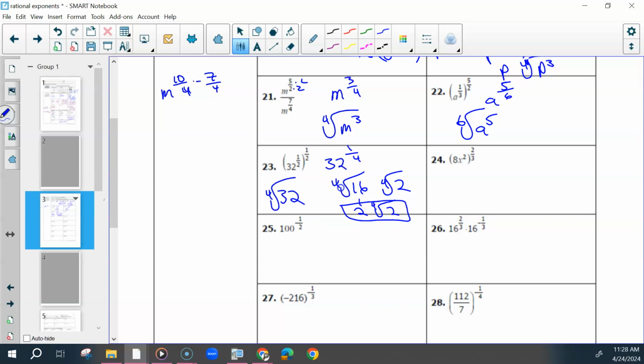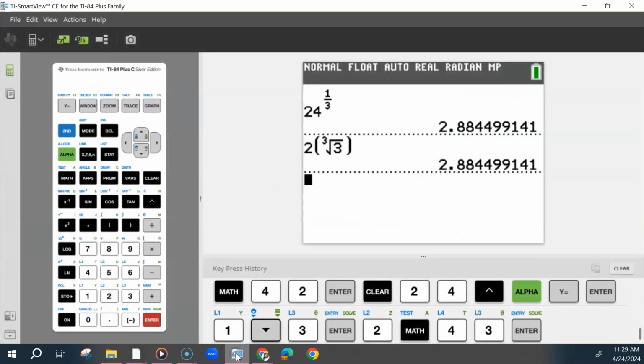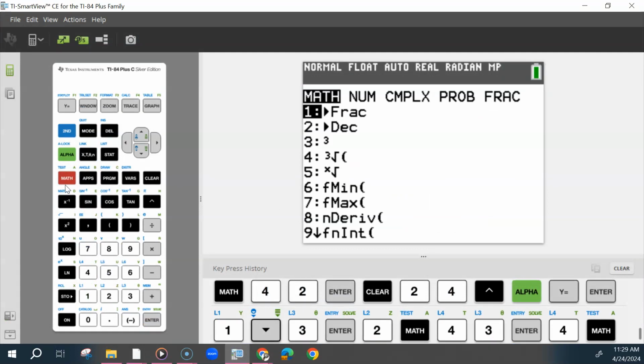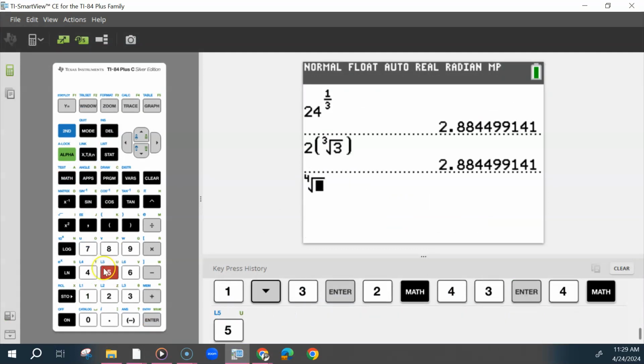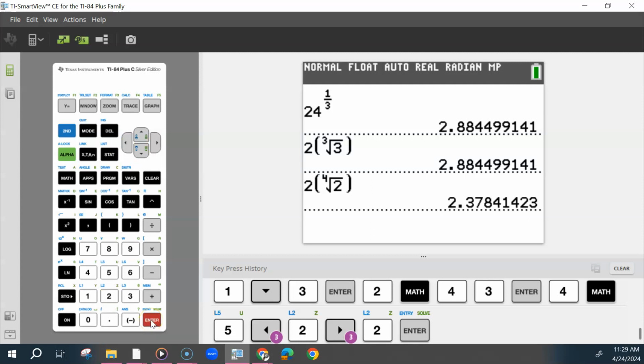If you wanted to check this, you can do it in your calculator, you can do it in Desmos. In your calculator, you have to change it though. So you have to type in 4 first, and then go to math, and then go to 5 instead of 4, and it makes that your index, and then you have to go back to the front and add your number.